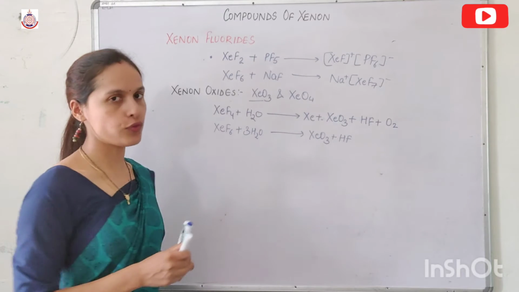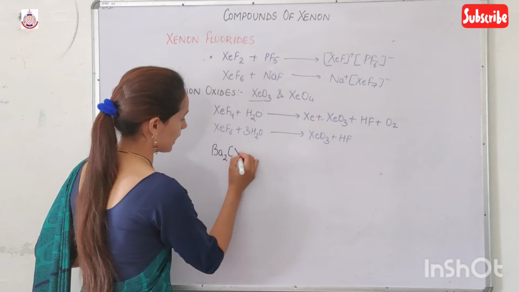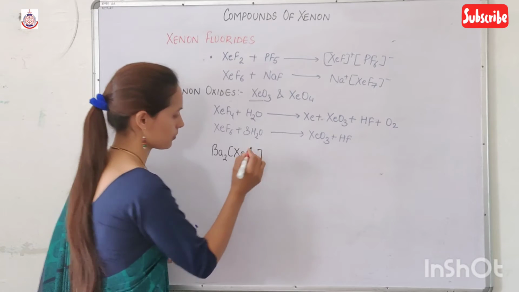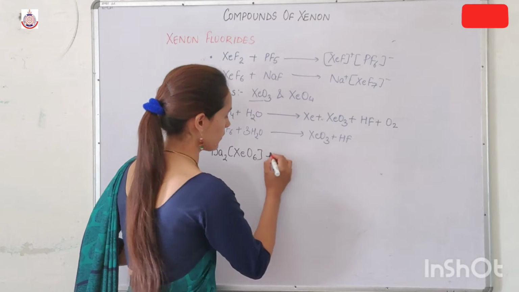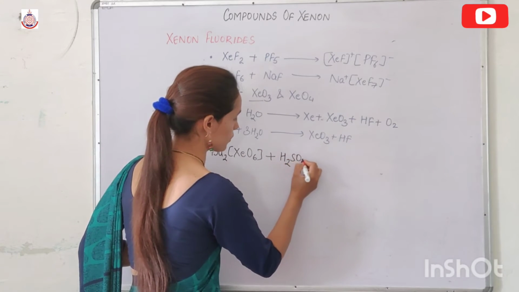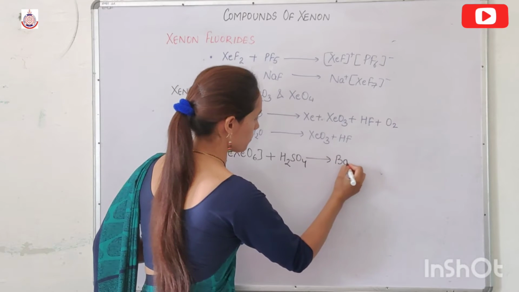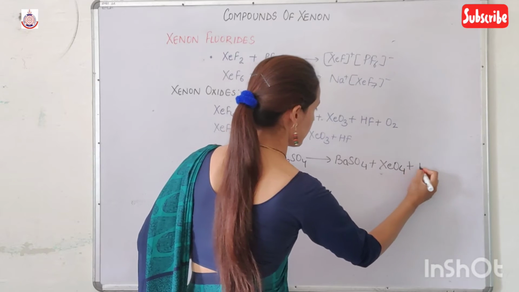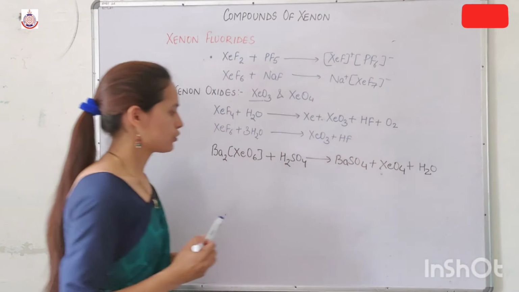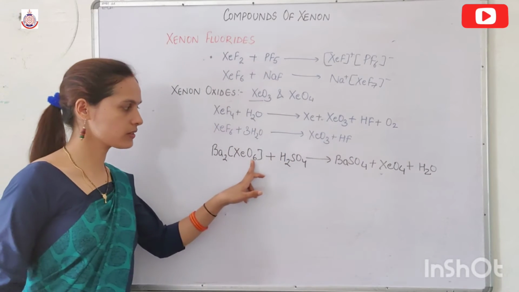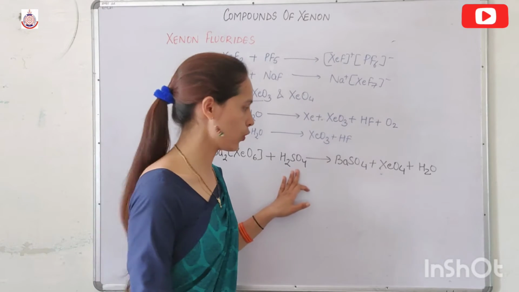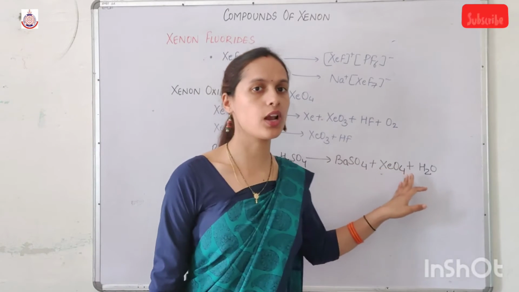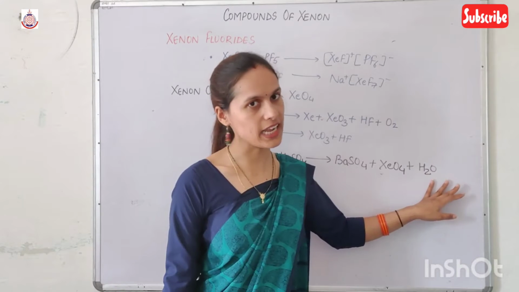But XeO4: Ba2XeO6 reacts with concentrated H2SO4 to form BaSO4 plus XeO4 plus H2O.